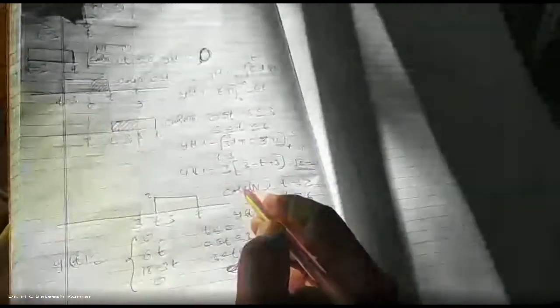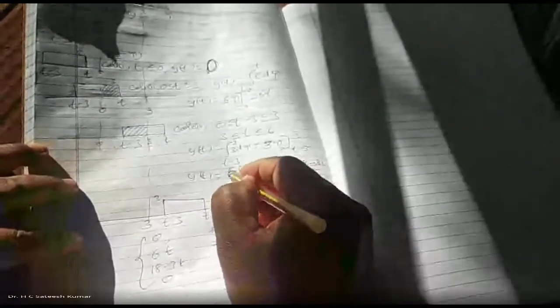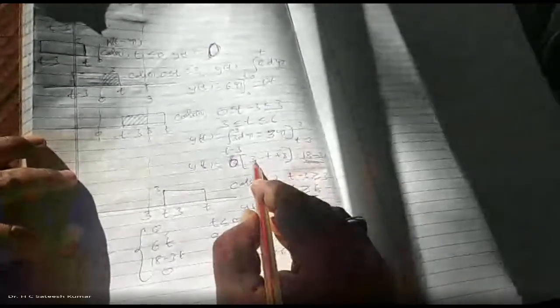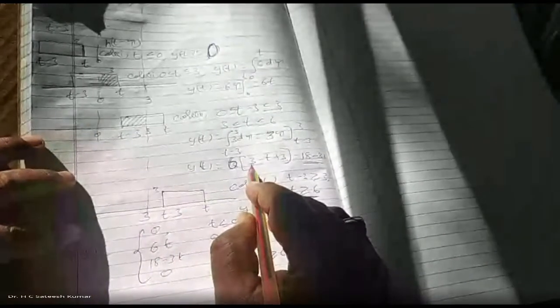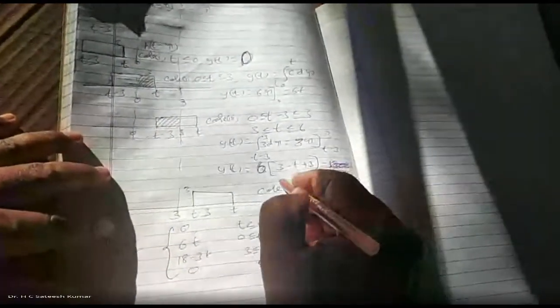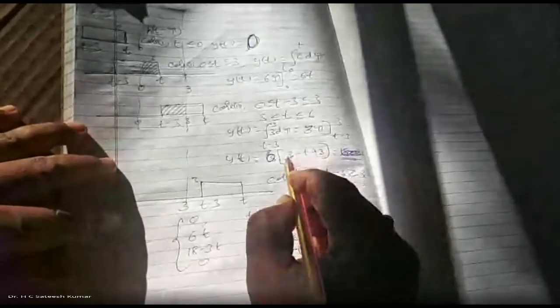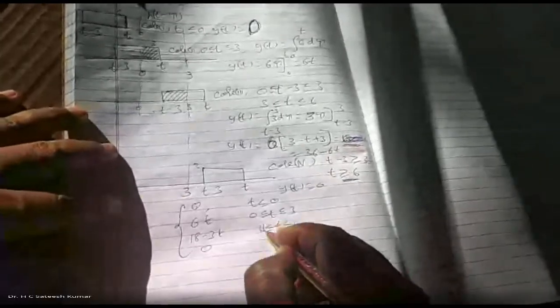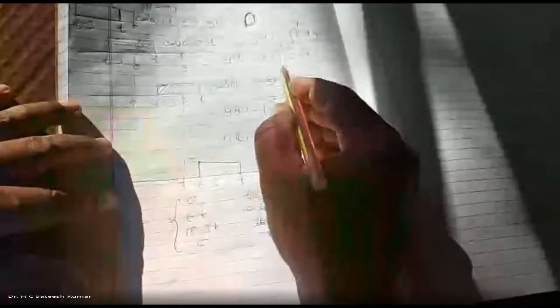What is it that we have? So here it is 6, right? So what do we get? 3 into 3, 9. So that will become 36 minus 6t. Is it okay? 36 minus 6t, you will get it.